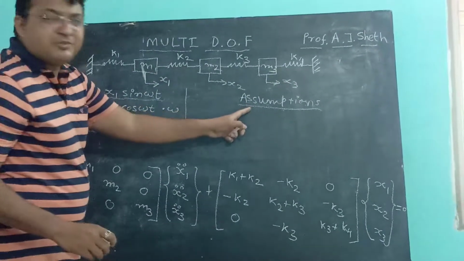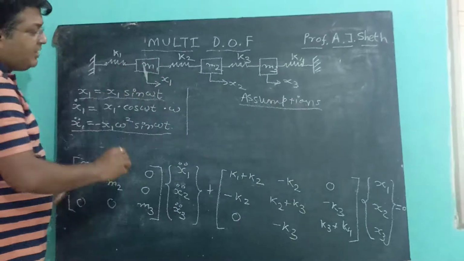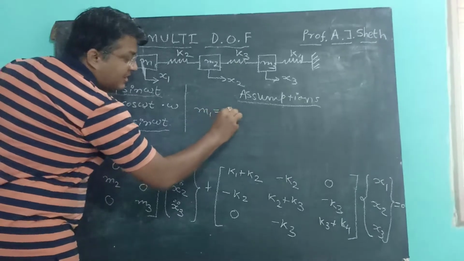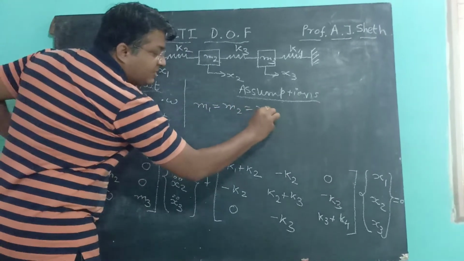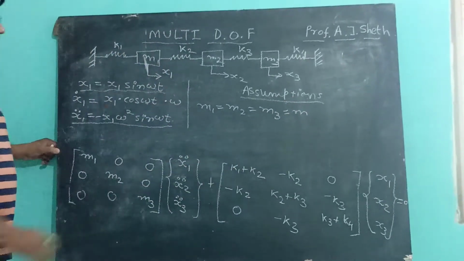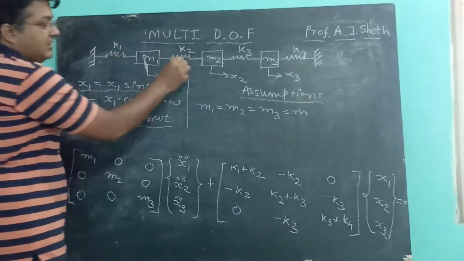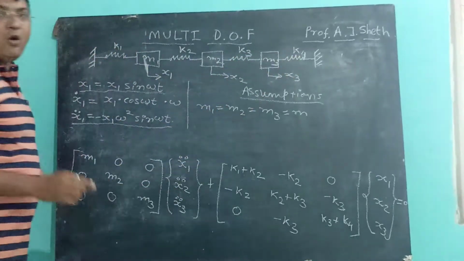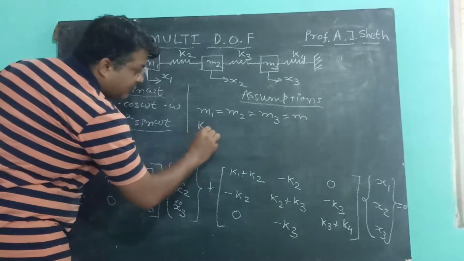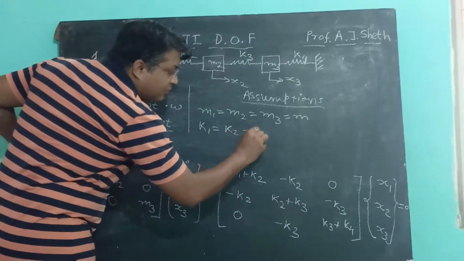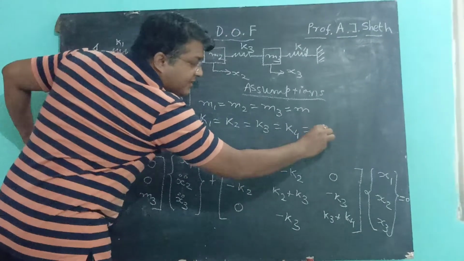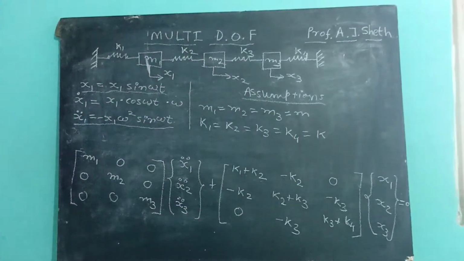So the basic assumptions for the particular solution: mass m1, mass m2, mass m3 all have value m, and all stiffnesses k1, k2, k3, k4 are presented by the value k only.